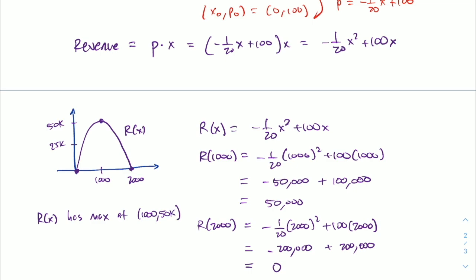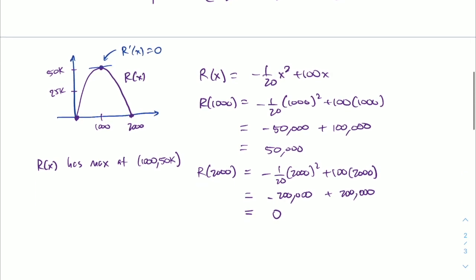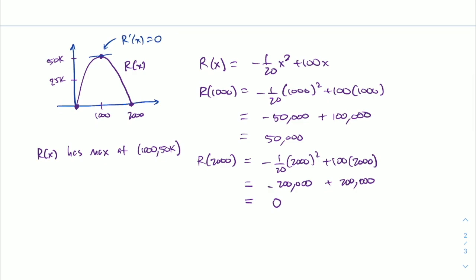You could identify this max with the derivative. So if you look at the derivative there, the derivative of the revenue function is 0 at the max. So one way of finding this max algebraically without graphing it is to take the derivative of this revenue function. We'll get negative 1 over 20 times 2x plus 100, which is negative 1/10 x plus 100.